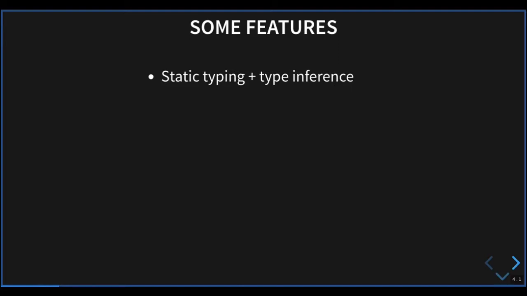So this means that once we introduce a variable, its type cannot change. But thanks to type inference, we usually don't have to specify the type of a variable. In pretty much most of the cases, the type can be inferred by the compiler based on the usage of this variable.